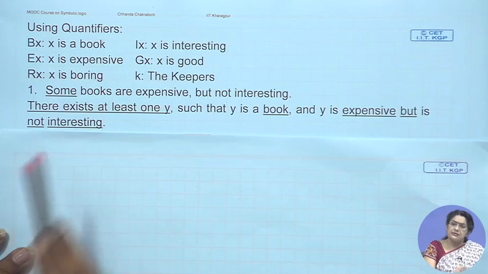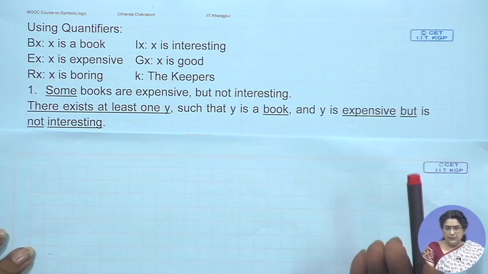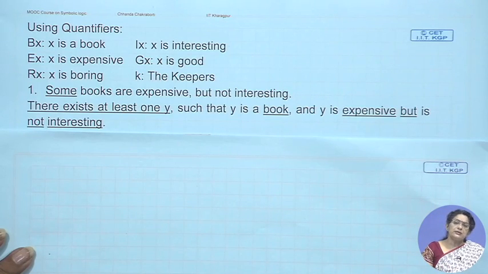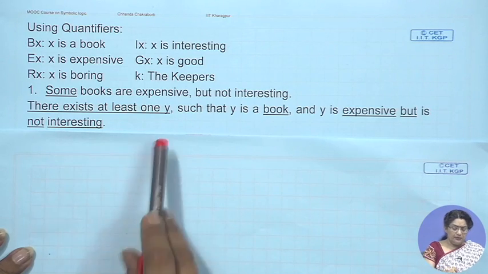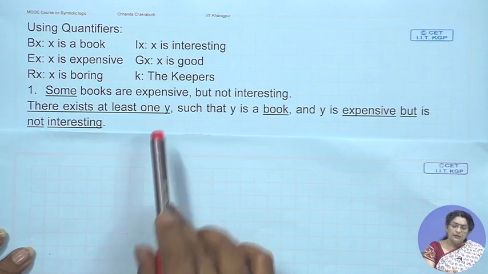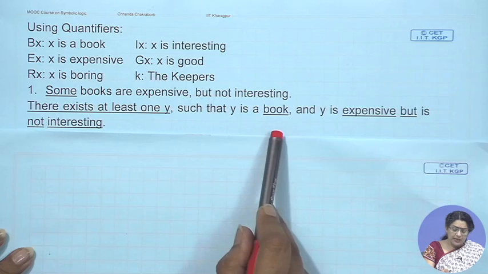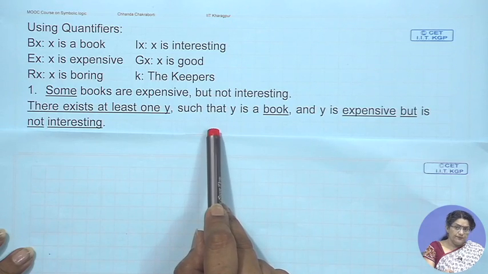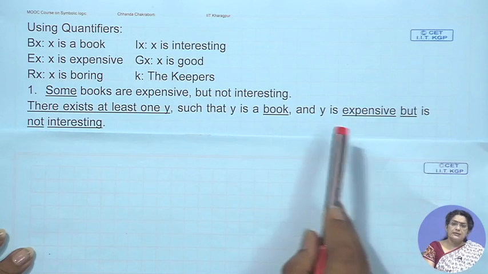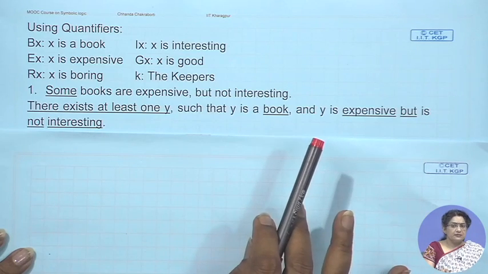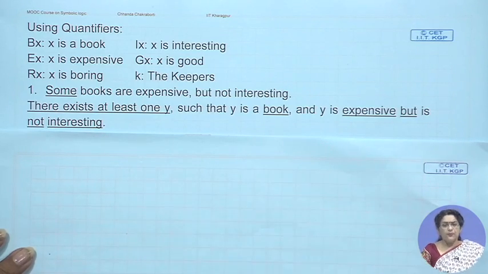So, there exists at least one y, let's say that I have chosen y, such that now we are going to assign to that, that is the thing in your domain, that is the individual thing in your domain, unspecified, but it is an individual which has what? Certain properties, such that y is a book, such that y is expensive, such that y is not interesting. Get it? So, this is the property.